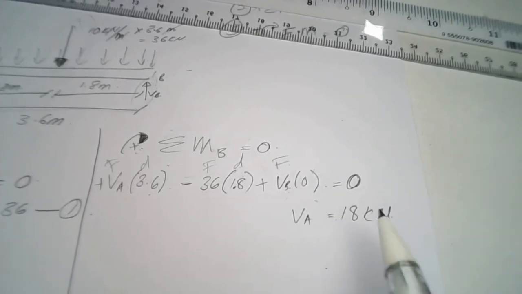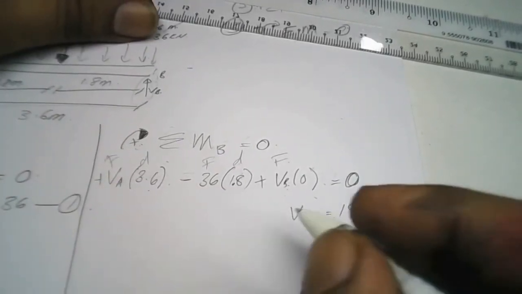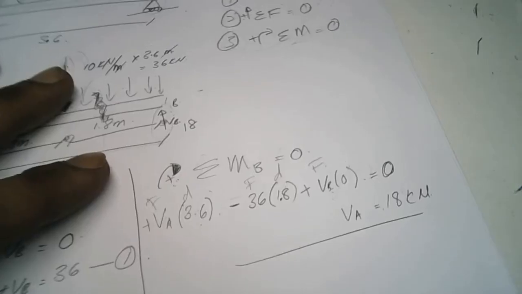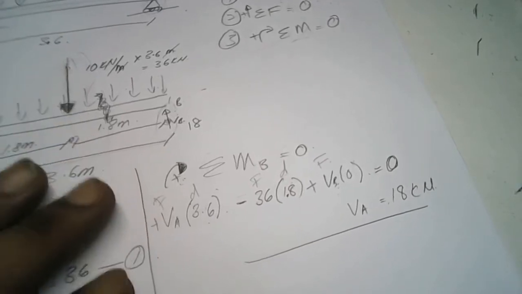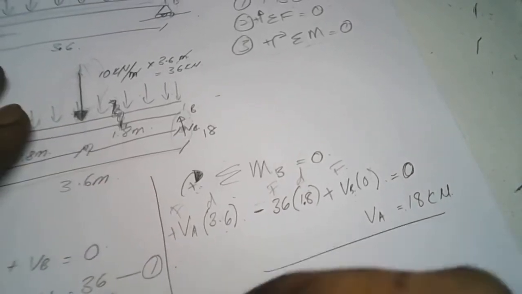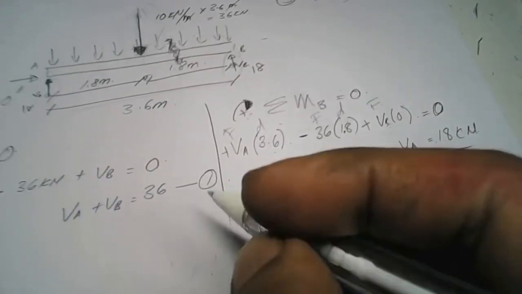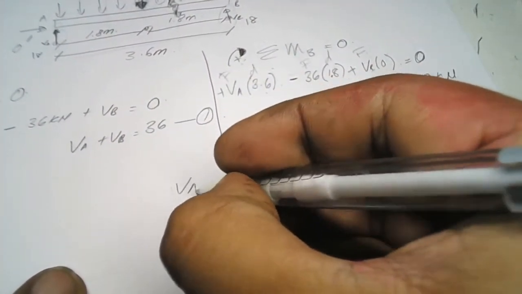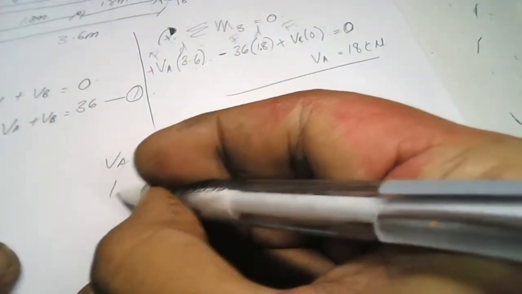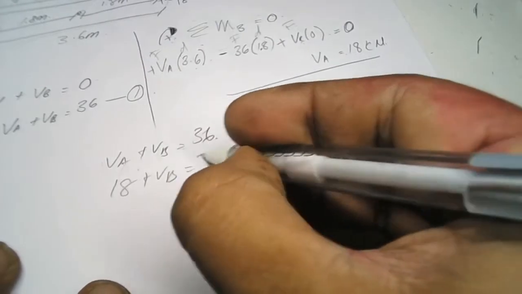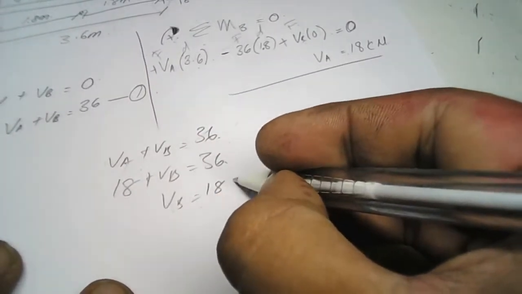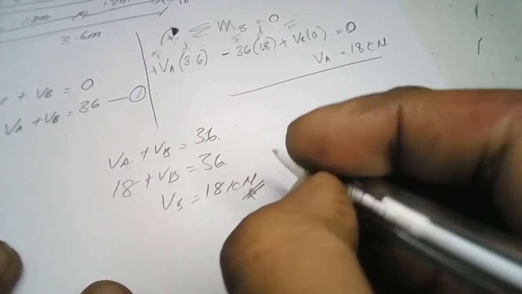From VA equal to 18, get this value into our equation 1, VA plus VB equal to 36. So VA is 18 plus VB equals 36. So VB is 18 kilonewton.